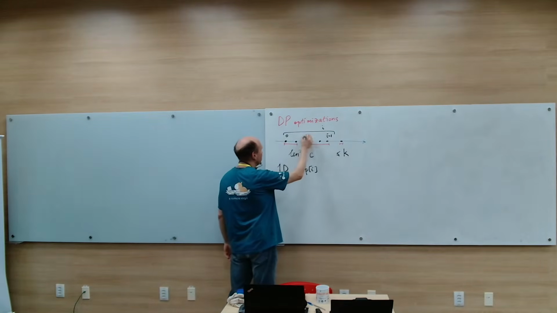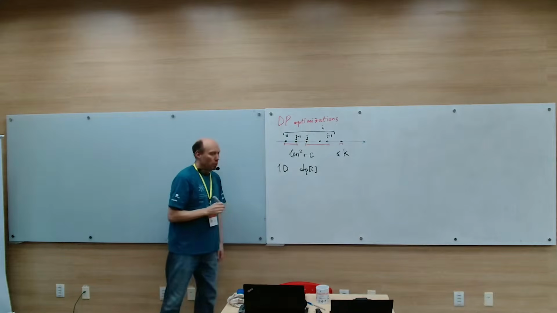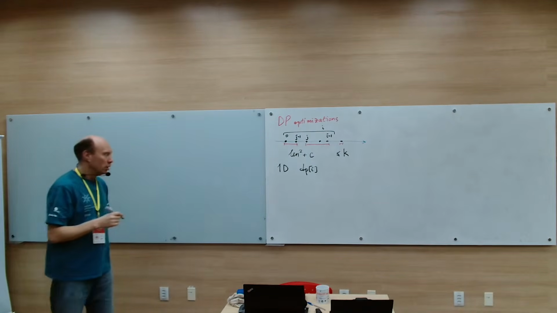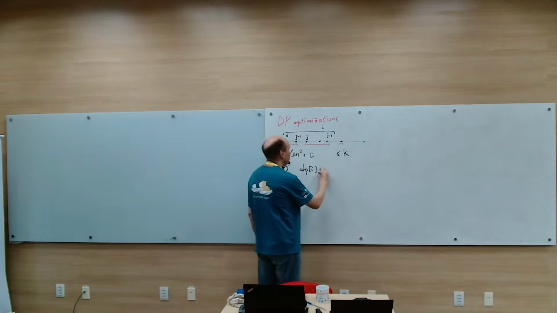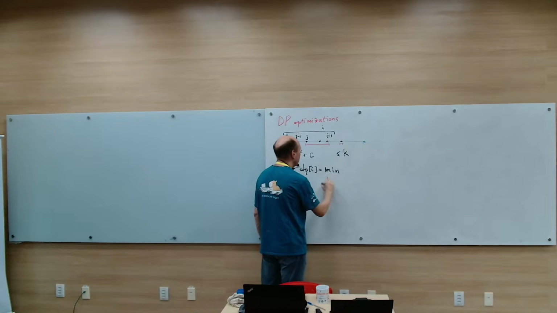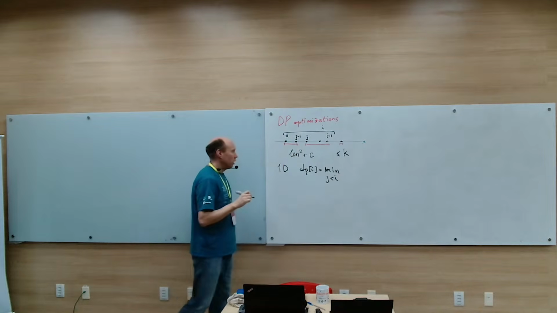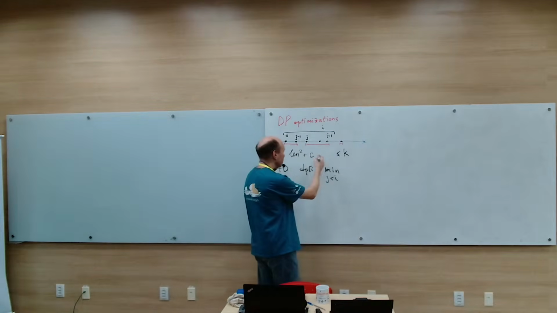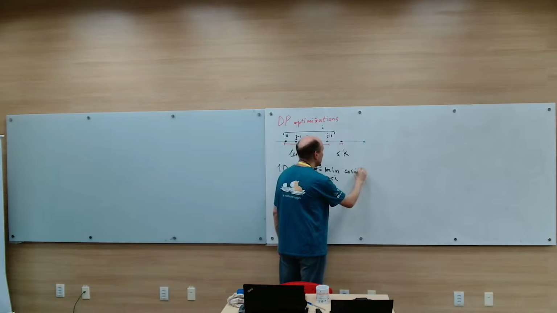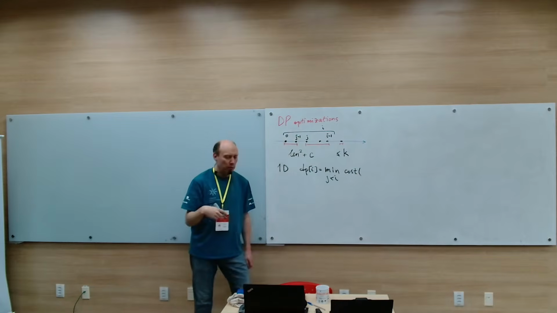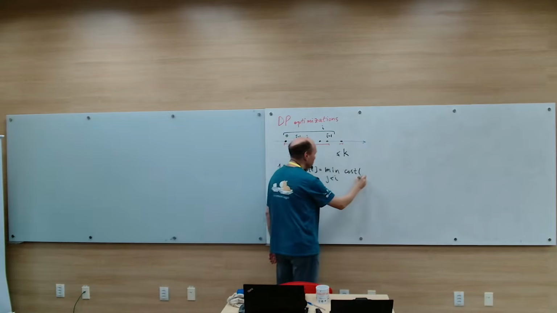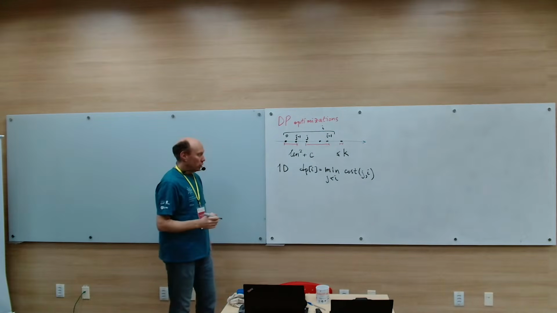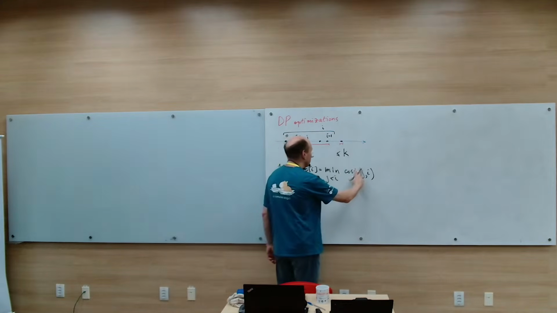Let j minus 1 be the first point that it covers. So it's the minimum over j smaller than I of the cost of covering points from j to I minus 1 inclusive, I not inclusive, let's denote it like this.